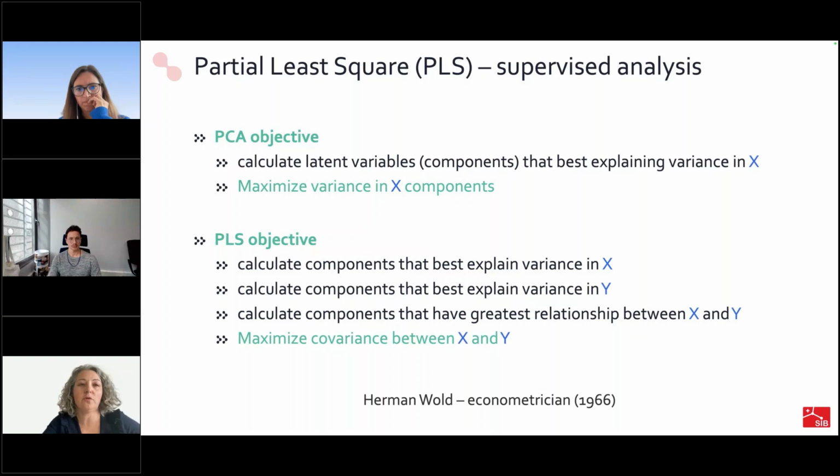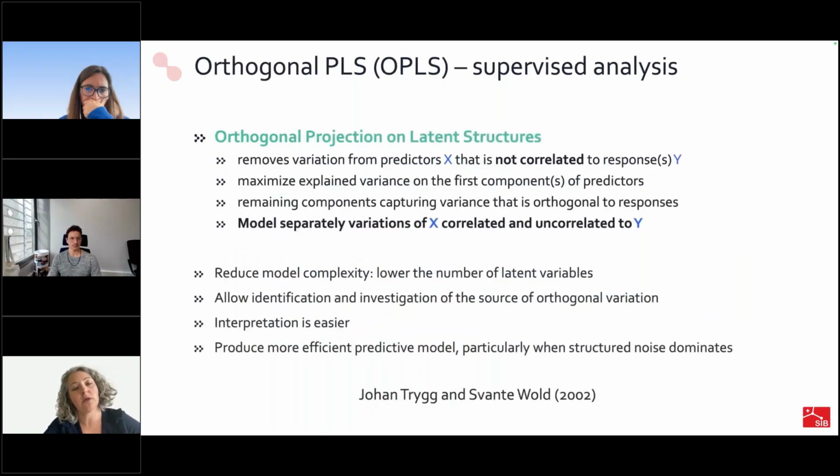You may also know the orthogonal projection on latent structure, which is almost like the partial least squares analysis, but here you want to compute a predictive component that is really summarizing the variance that is related to the response, and all the other components, called orthogonal components, are summarizing other sources of variation.